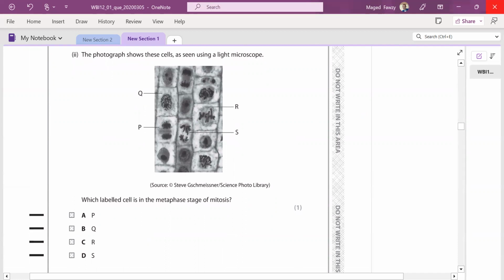The photograph shows these cells as seen using a light microscope. Which labeled cell is in the metaphase stage of mitosis? Which one is the metaphase?